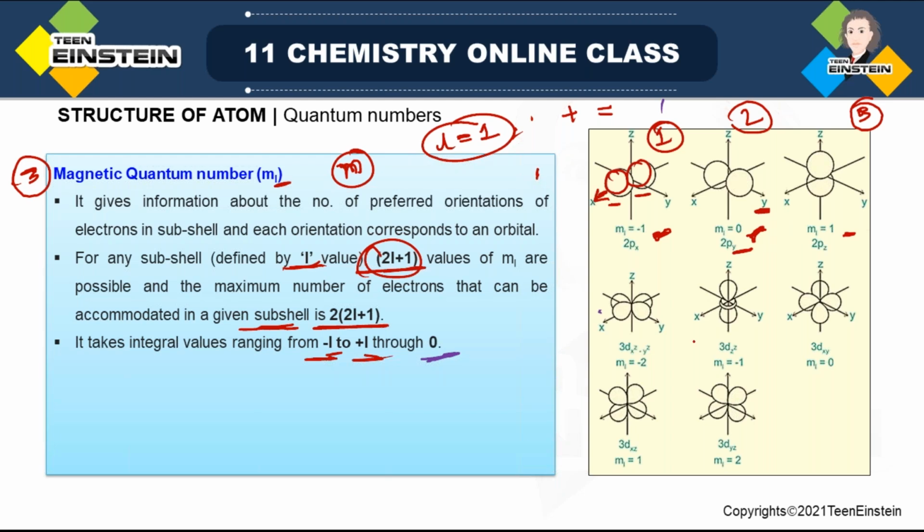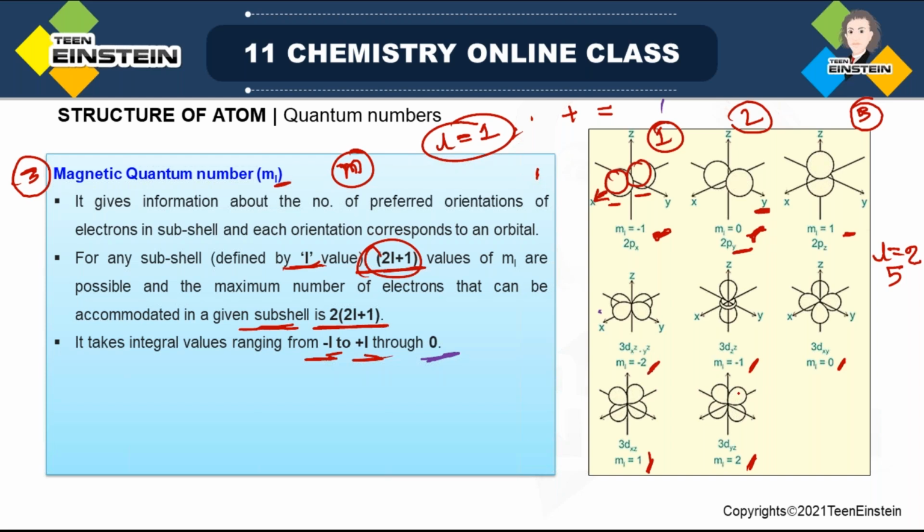Now the second picture. As we know, when L is equal to 2, there are a total of 5 possibilities. What are those 5 possibilities? Minus 2, minus 1, 0, plus 1, and plus 2. So for ml minus 2, here we have the orbital 3d x square minus y square.